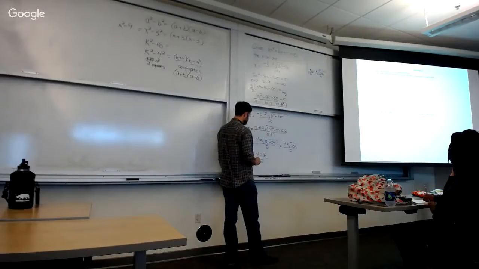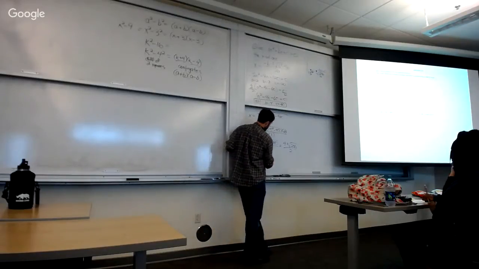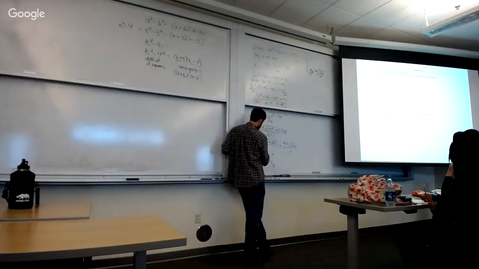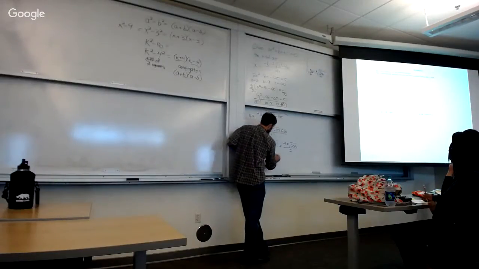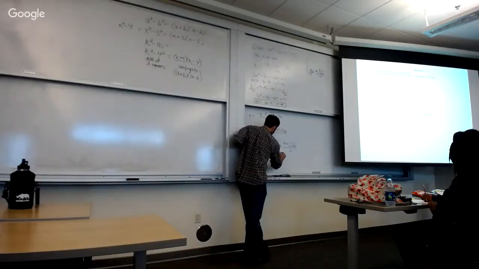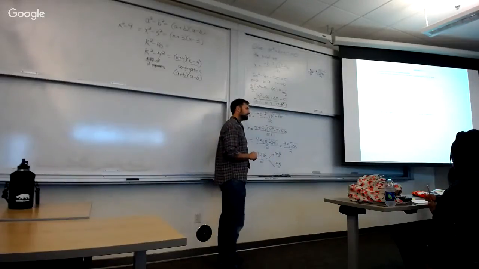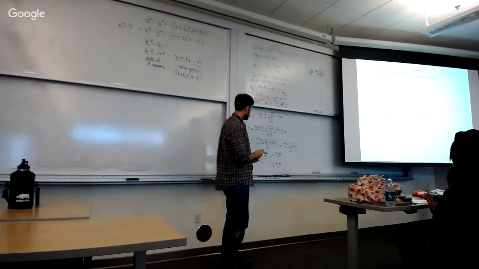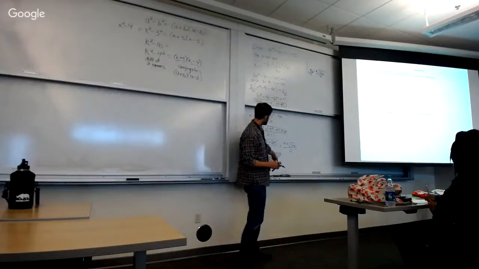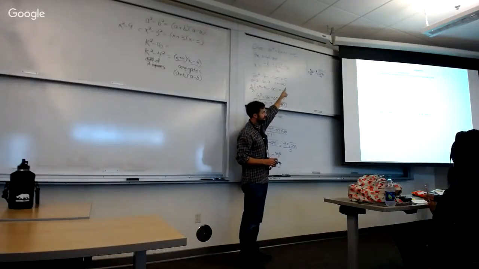Now, it's at this point that I encourage all of you to follow my lead and split that into two alternate realities. You say, okay, it's 4 plus or minus 16 over 2. On the one hand, that could be 4 plus 16 over 2. On the other hand, that could be 4 minus 16 over 2. Those are the two possible realities. More importantly, those are the two possible x-intercepts, one on the right, one on the left.